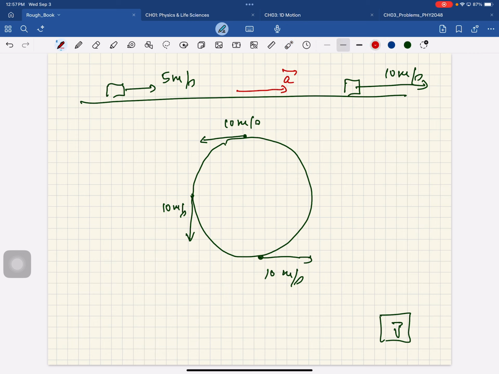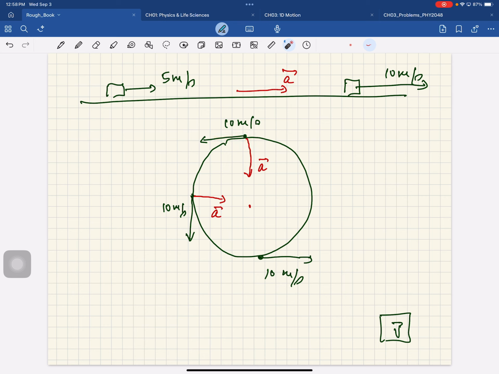At this instant, the acceleration is pointing towards the center of the circle, so it is perpendicular to the path. When only the magnitude changes, the acceleration is tangential to the path. When only the direction changes, the acceleration is perpendicular to the path. Those are the two extreme cases.